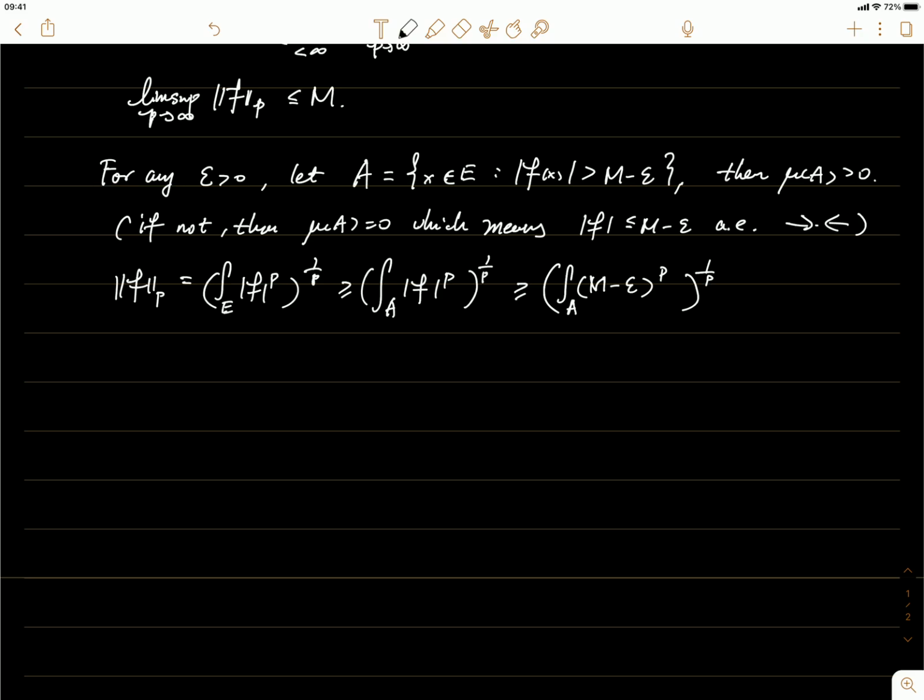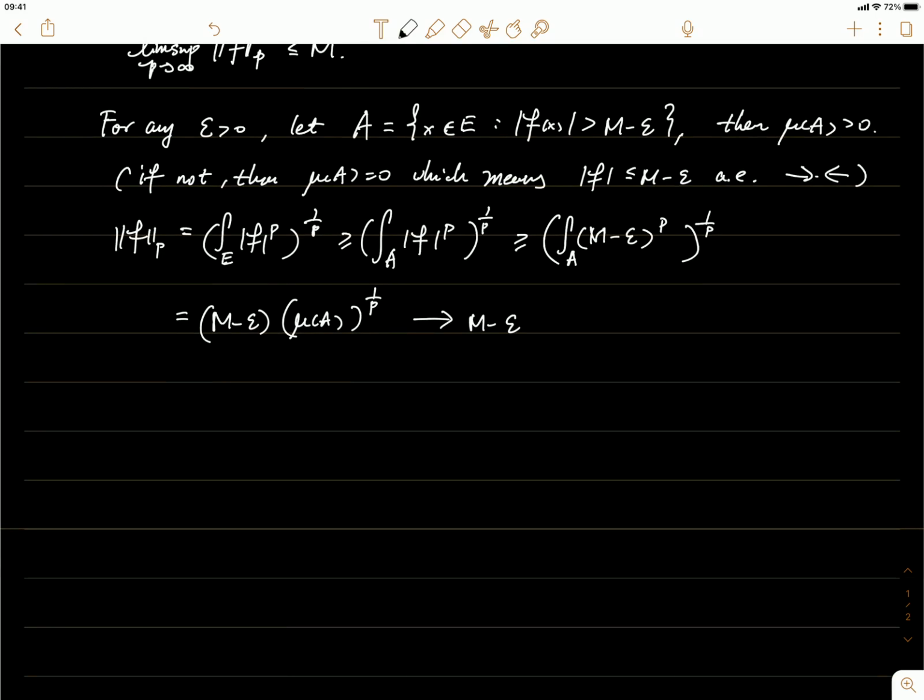Again, we can pull out the constant, and it becomes m minus epsilon times mu of A to the power 1 over p. Since mu of A is a positive number, as p goes to infinity, this whole factor just goes to 1.